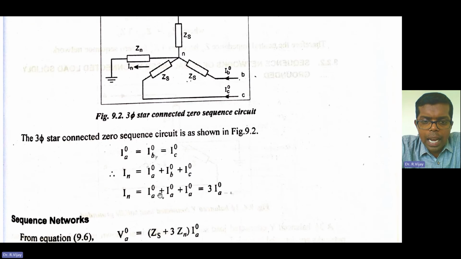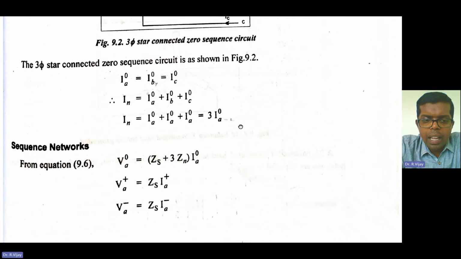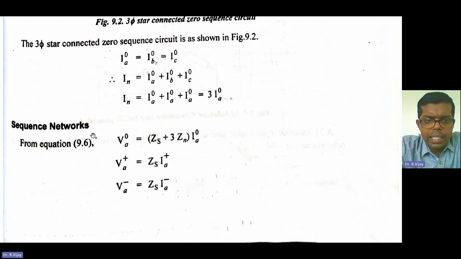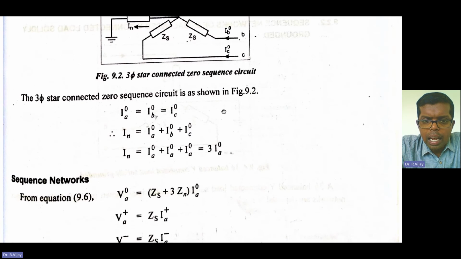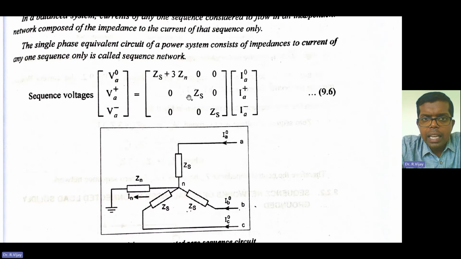So this becomes I_A0 plus I_A0 plus I_A0, which is 3 times I_A0. Next, the sequence networks from the previous equation: you multiply, and you get V_A0 equal to Z_S plus 3 Z_N into I_A0.